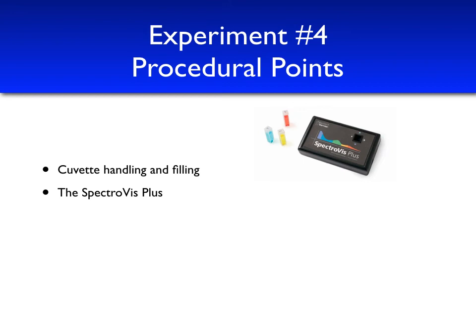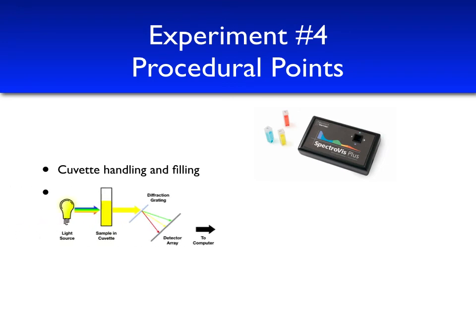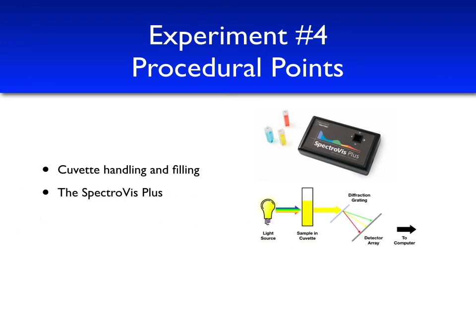Since the Spectra Vis Plus appears to be a black box, let's briefly talk about how it works. Inside the Spectra Vis Plus, there is a light source that, as we talked about before, will produce all wavelengths of visible light. This visible light will go through the solution that's in your cuvette.